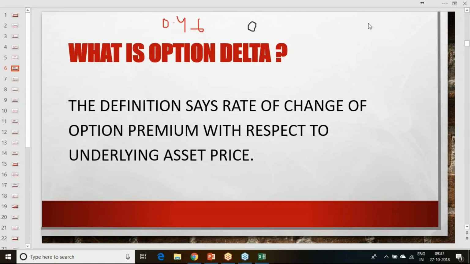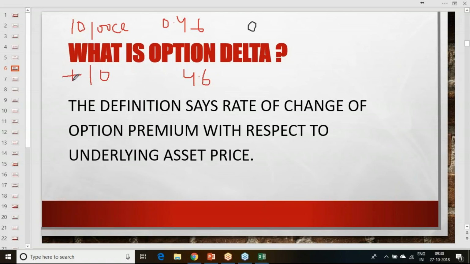This says that if the underlying asset, which is Nifty, changes by 10 rupees, the option will change by 4 rupees 60 paisa.